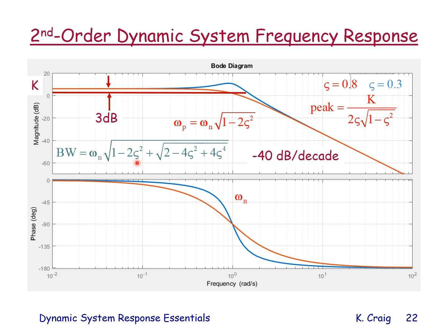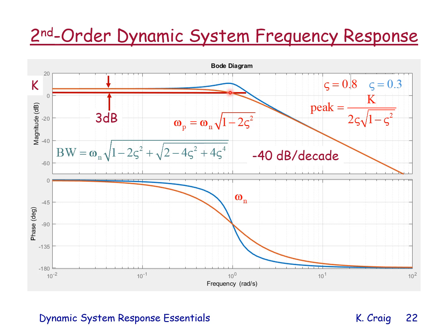The bandwidth for a first order system was 1 over tau. The bandwidth for this second order system is much more complicated. We tend to not use this formula. However, it does tell us what the bandwidth is, but you can see what the bandwidth is through this red line at minus 3 dB, where it intersects the curve.